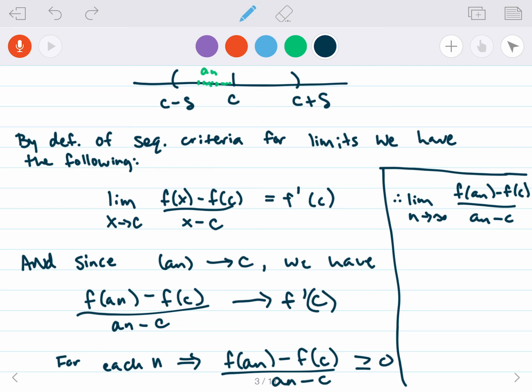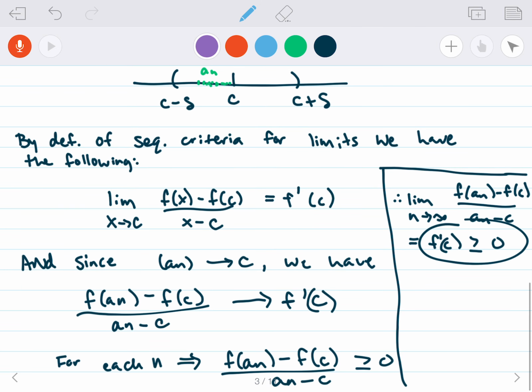We mean that we're letting n go to infinity. And so this is going to be equal to f prime of c. And we just said that this was bigger than or equal to 0, so its limit is certainly bigger than or equal to 0. So we have that f prime of c is bigger than or equal to 0. And remember, what we're trying to show is that it actually equals 0.